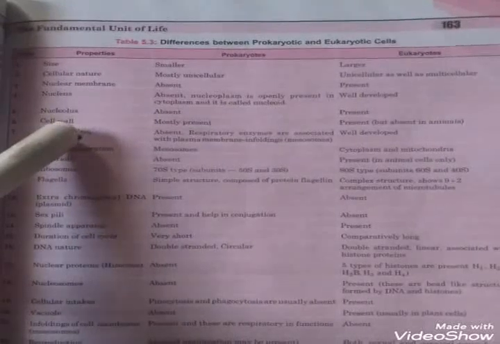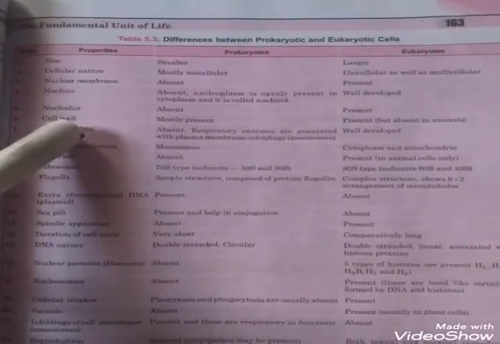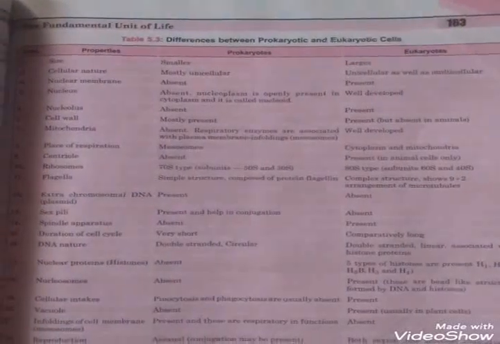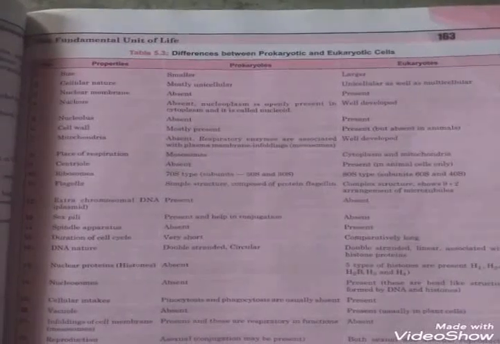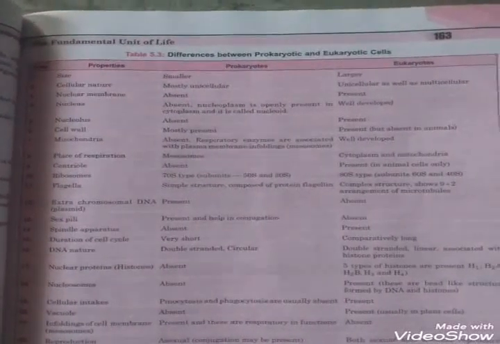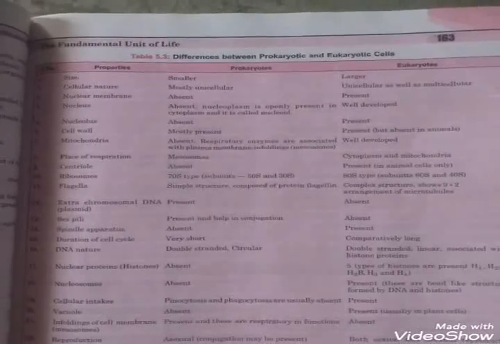Cell wall: prokaryotic cells mostly have a cell wall, and eukaryotic cells always have a cell wall, or mitochondria.